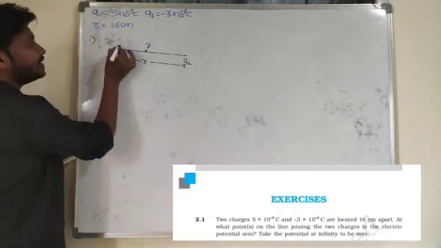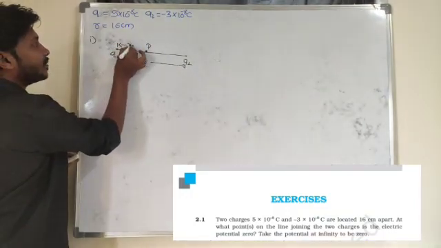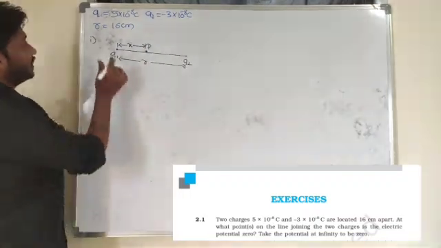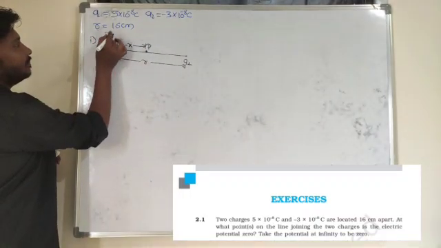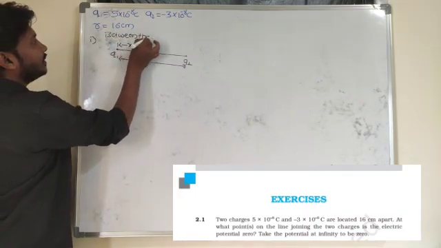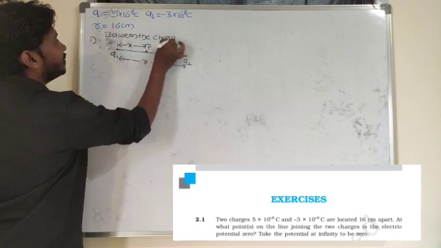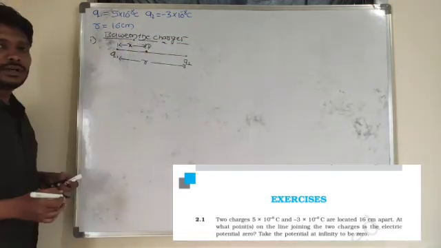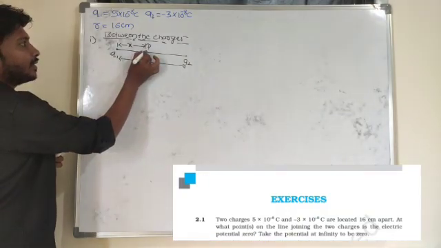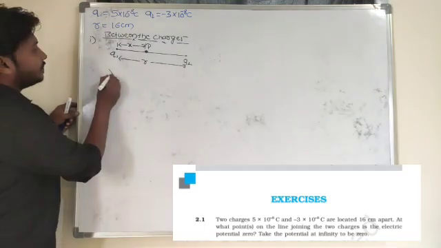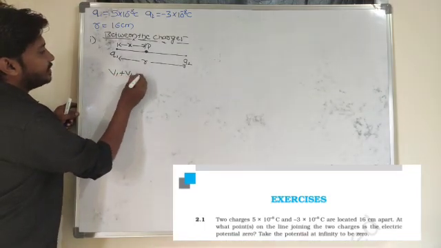This point is at a distance of x from the charge Q1. So zero potential exists between the charges, and I consider this point between the charge Q1 and Q2. The total potential must be 0 here.